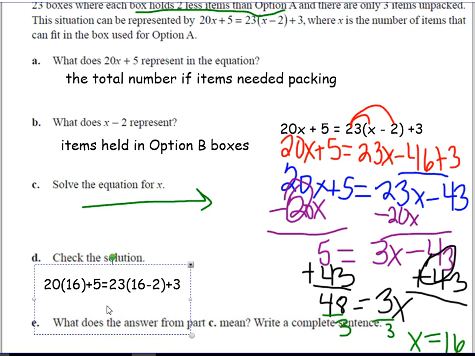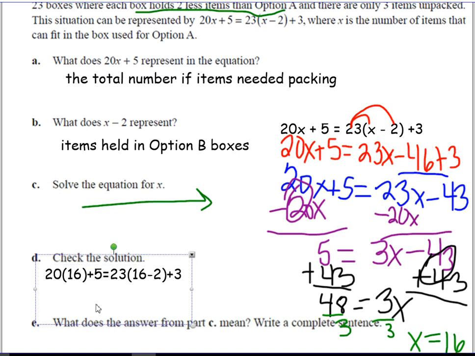So if we look at the left side of our equation, we would do 20 times 16, and that will give us 320, and we're adding 5 to it, so that gives us 325. And on the right-hand side, we're going to do parentheses first, so 16 minus 2 would give us 14.